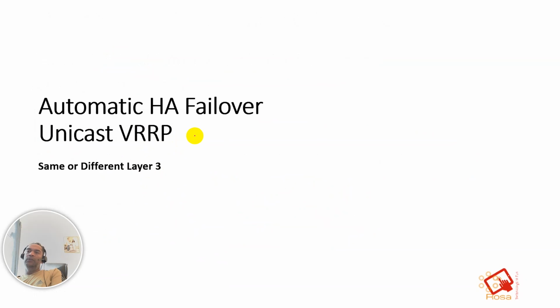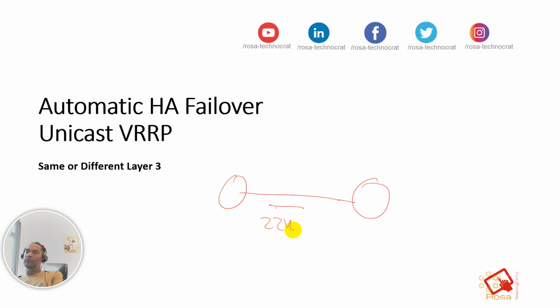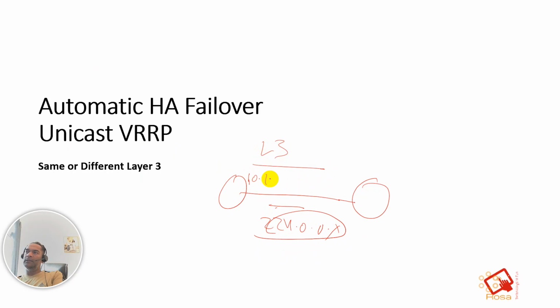Now, Unicast VRRP, nothing new, it's just the same. Everything works the same. Just that instead of communicating on the 224.0.0 series, like the multicast, they will start talking on the L3 IP, 10.10.10.1 to 10.10.10.2.